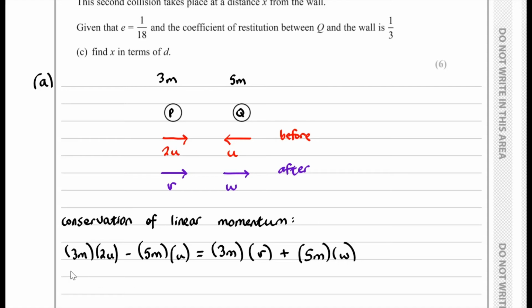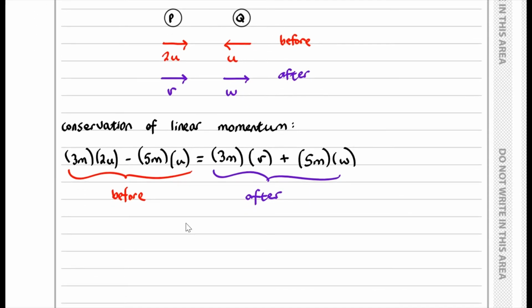And just to emphasize this point, this is the situation before the collision, and this is the situation after the collision. And if we simplify all this, 6mu minus 5mu, that's just mu, and here we have 3mv plus 5mw. Hopefully you can see why that's the case.